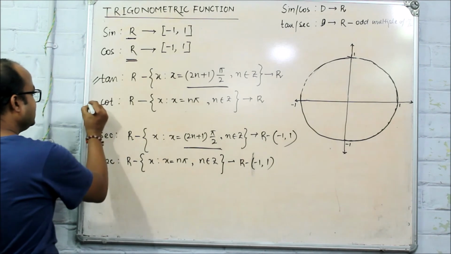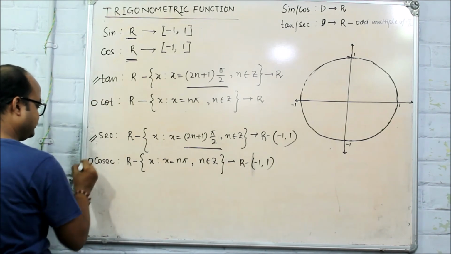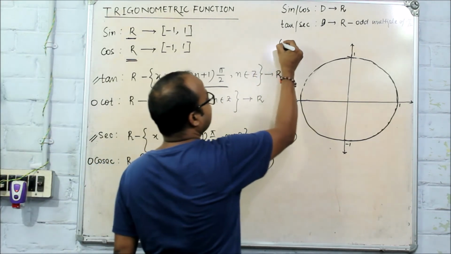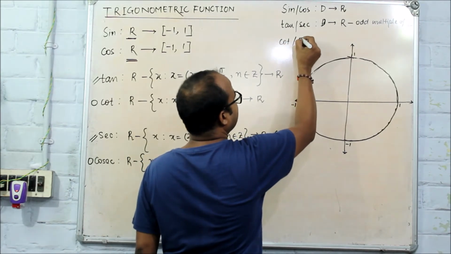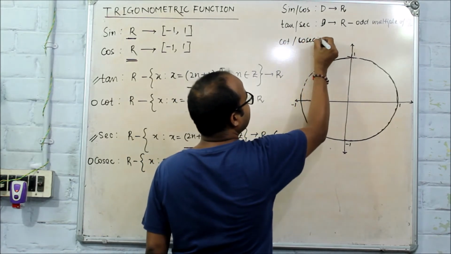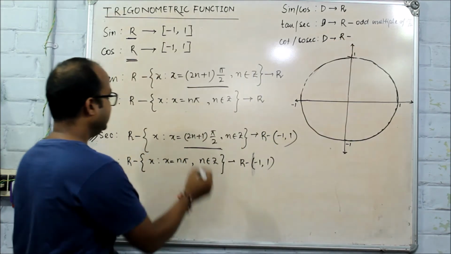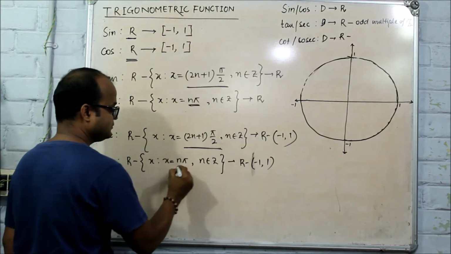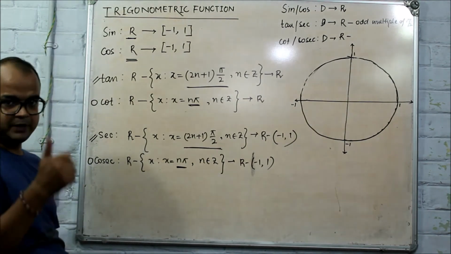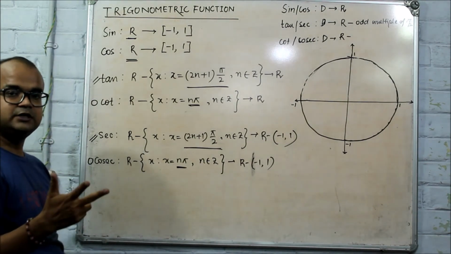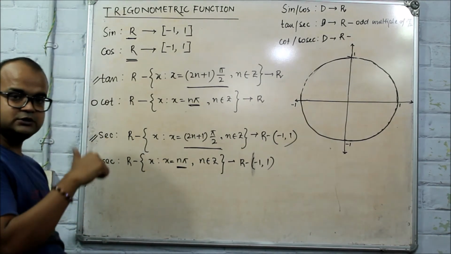Moving into the cot and cosec. Cot and cosec domain is R minus n pi. So it will be pi, 2 pi, 3 pi, 4 pi and all these things.